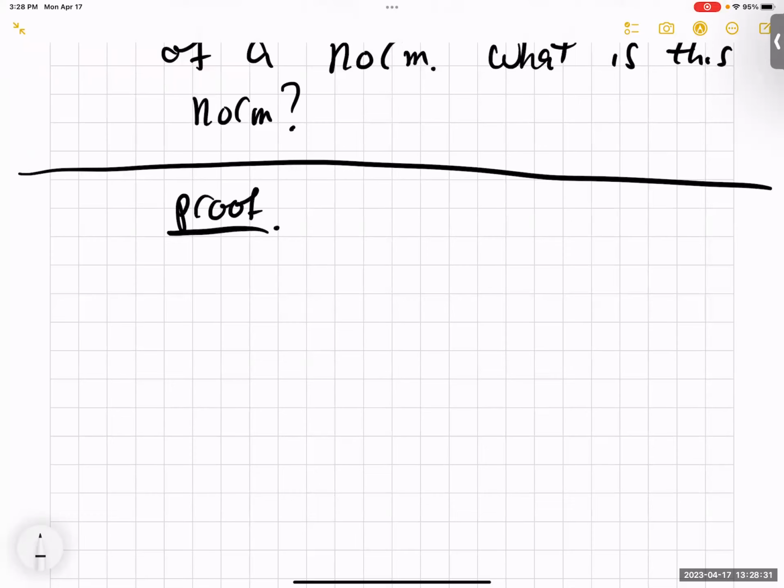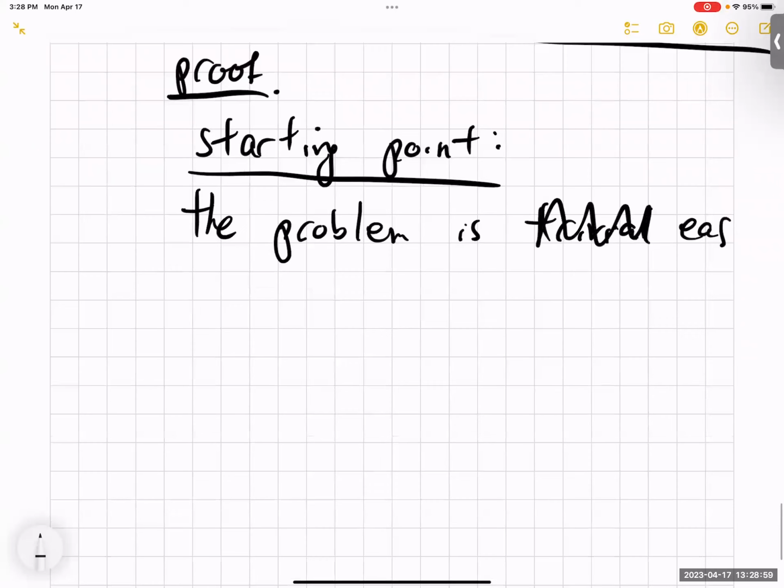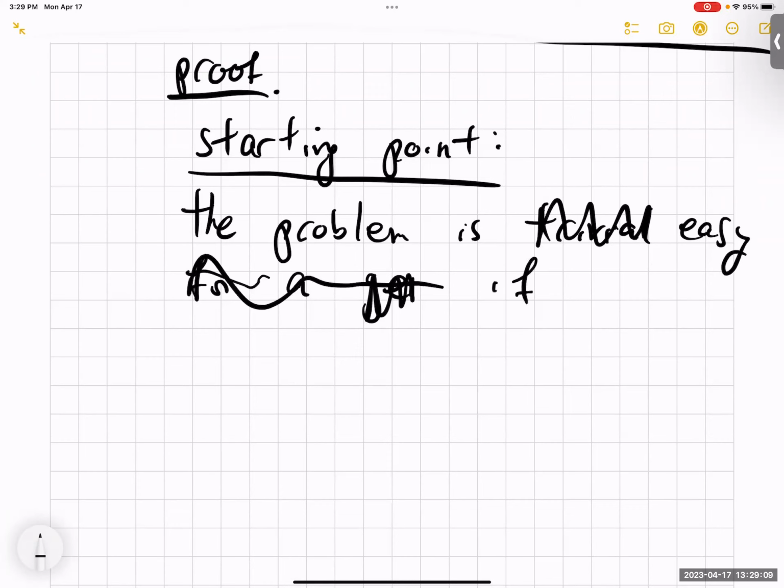So the starting point is something obvious, something that was known for a long time: the problem is easy for a generic lattice, if Z to the n is replaced by a generic lattice.